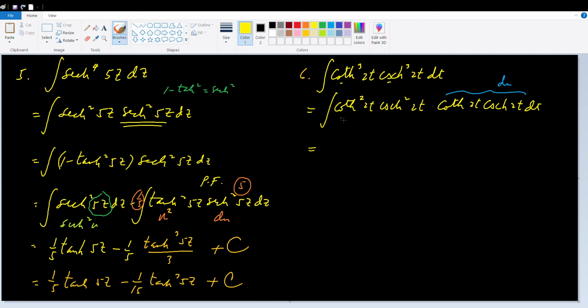And what is our identity? Hyperbolic cotangent squared minus 1 is hyperbolic cosecant squared. So hyperbolic cotangent squared 2t will become 1 plus hyperbolic cosecant squared 2t, times hyperbolic cosecant squared 2t, hyperbolic cotangent 2t, hyperbolic cosecant 2t dt.